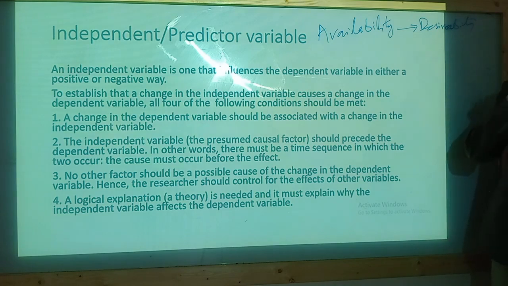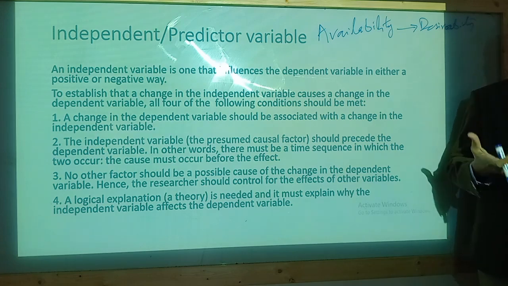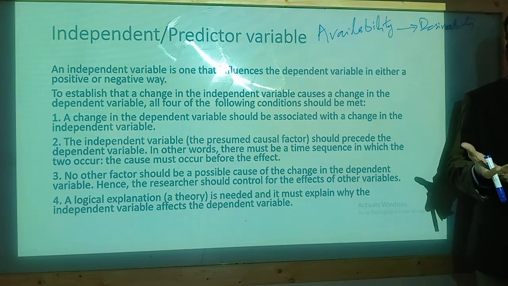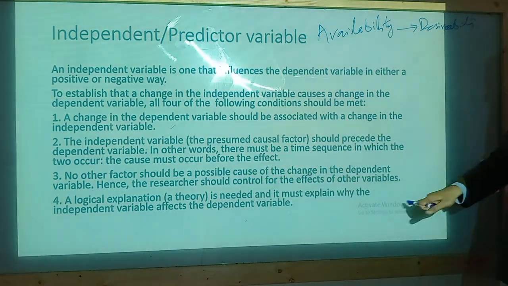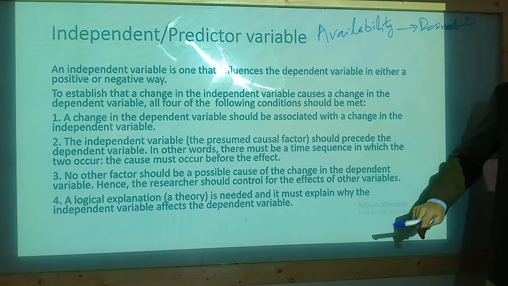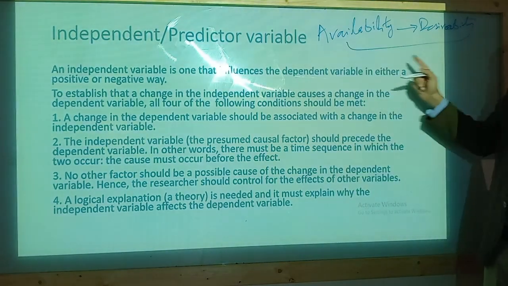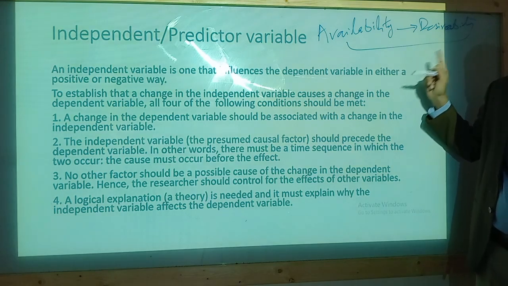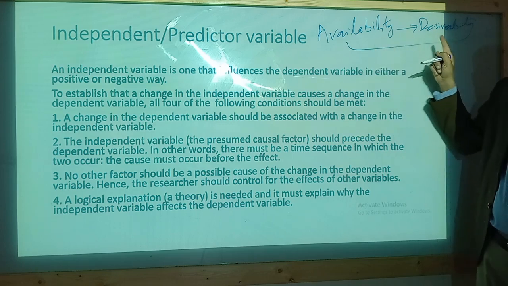In a correlational study, we do not need that. We can accept the low internal validity. A logical explanation, a theory, is needed. It must explain why the independent variable affects the dependent. There must be a theory, because we are going to develop the hypothesis to test this relationship, and no hypothesis can be made without a theoretical framework.